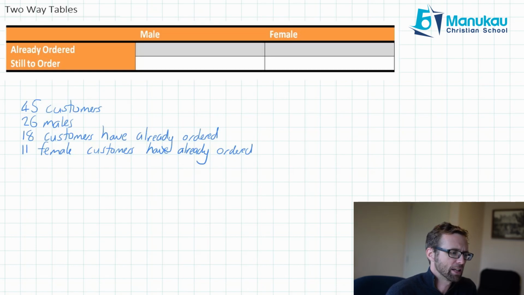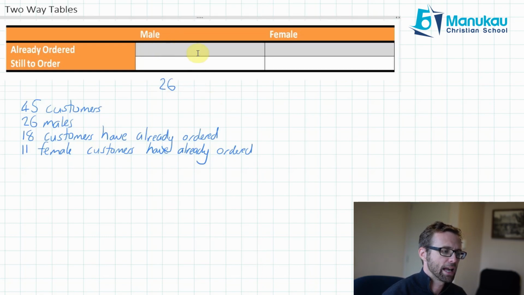The first thing is that we've got 45 customers, so altogether each of these four cells in our table must add to 45. We know that we've got 26 males, so that means this first cell here and this cell here should add to 26.